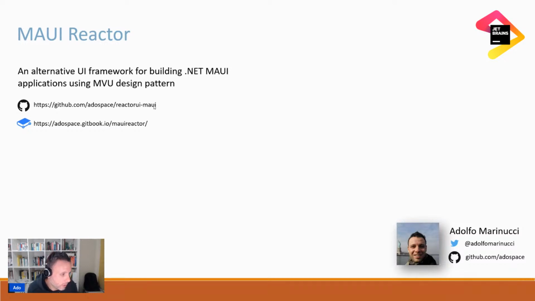Besides the Figma integration, is there a roadmap of the features we can expect to come next to MauiReactor? Okay, the Figma integration is something that I'm working on these days. I want to create a really useful Figma tool.